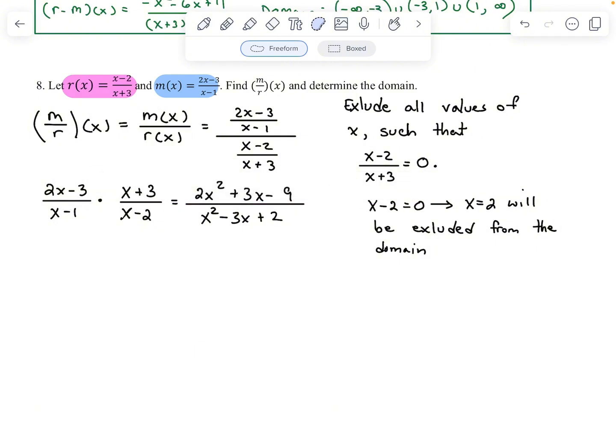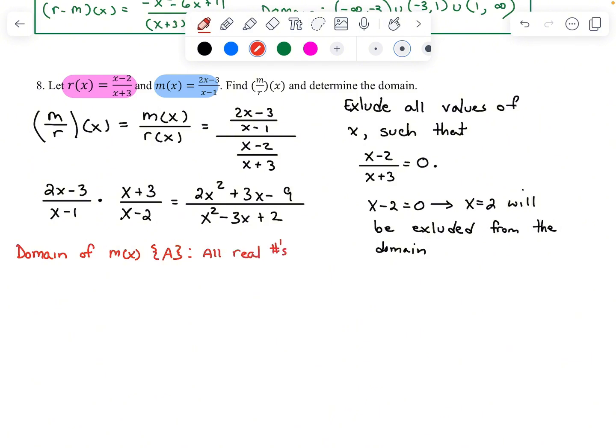Okay, so now let's go ahead and find the domain of this function here. So we want the domain of m of x, which I'll call A. So the domain of m of x is all real numbers except x is equal to 1.